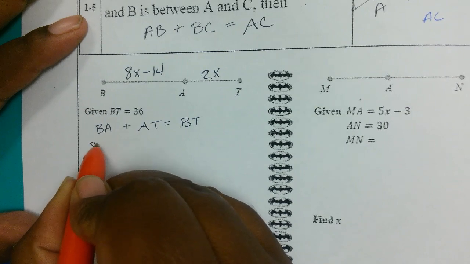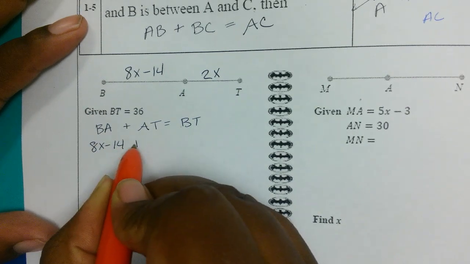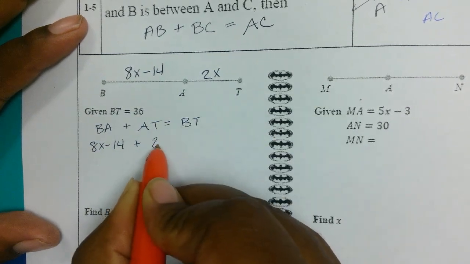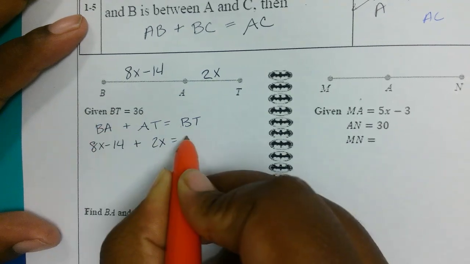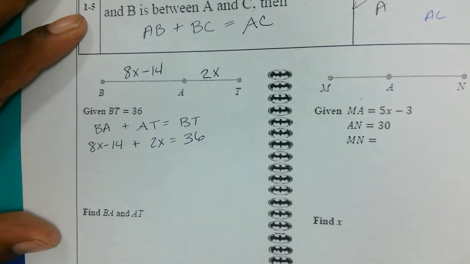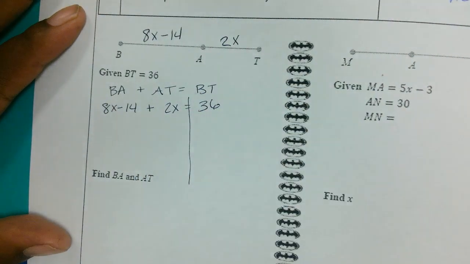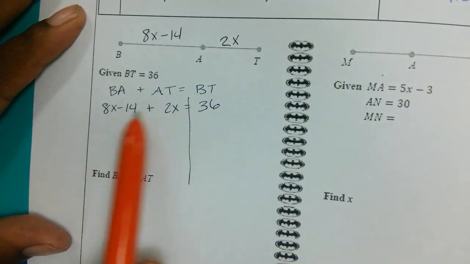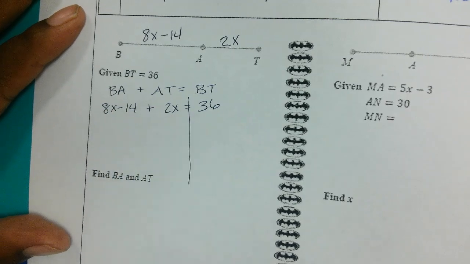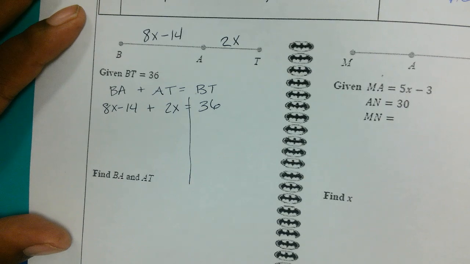BA, 8x minus 14 plus AT, 2x equals BT, 36. So now from here, it's just all algebra. So the geometry is knowing I can add these two together to equal this. That's the relationships. Now everything else from here is just algebra.